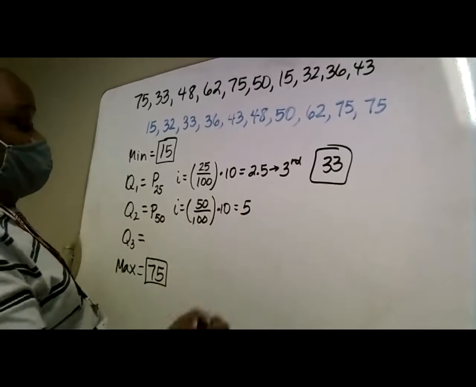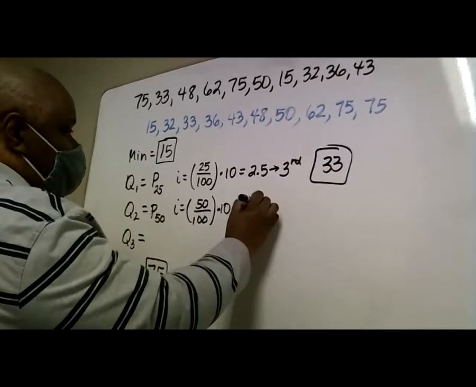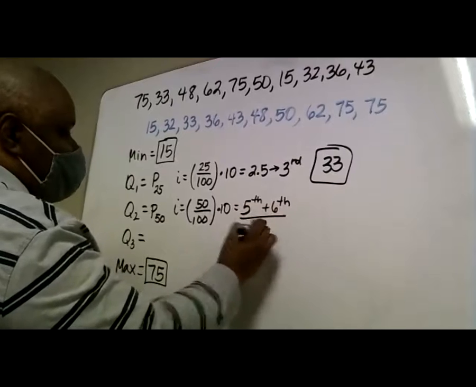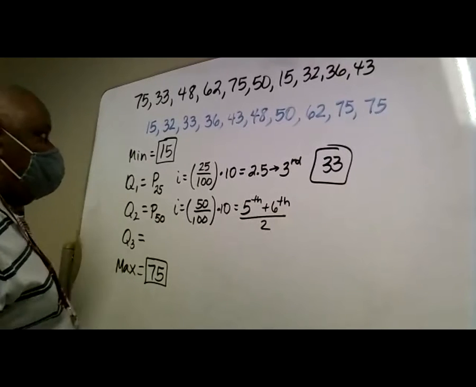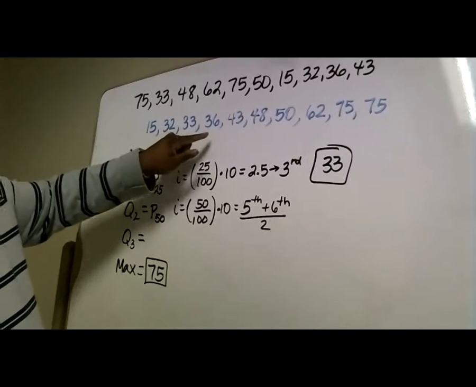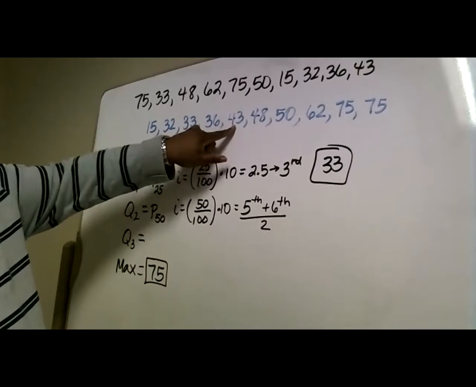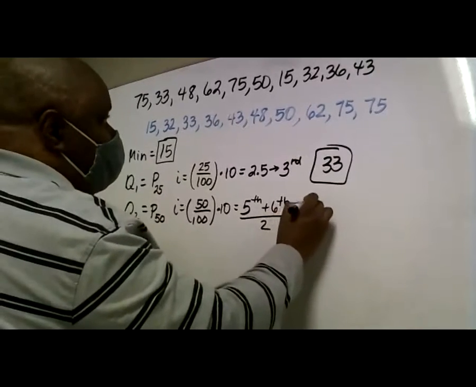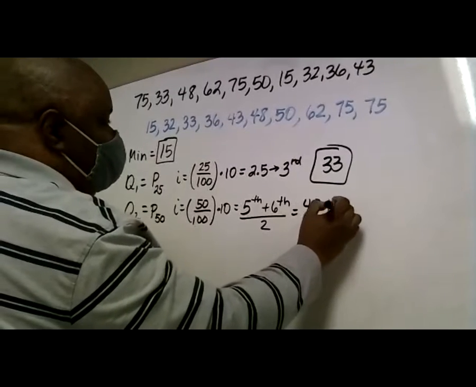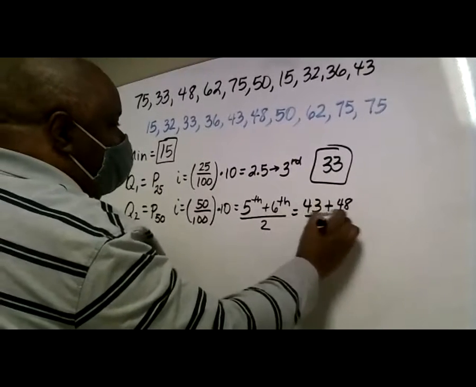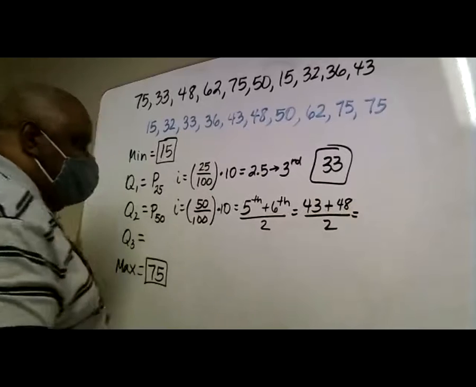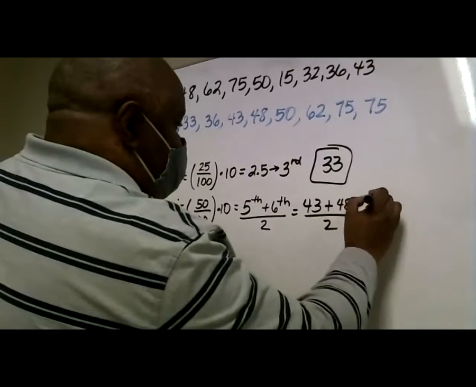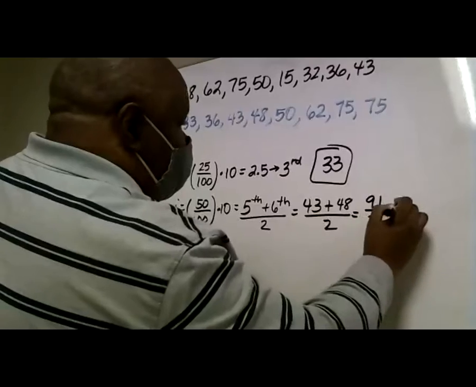So not only do we need to look at the fifth number, we need to look at the sixth number as well and take the average of the two. In this sorted data set, the fifth number is 43, and the sixth number, 48. So here we have to, okay, half of it, I know this is going to be 91 divided by 2, or 45.5.